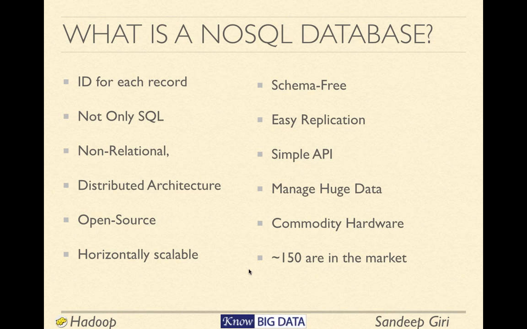When you are dealing with a larger database which spreads across multiple systems, when you have a lot of load, you have to spread the data as well as the load as well as the computation across the cluster, right? So the first requirement of any database which is supposed to handle a lot of load is that it should be able to divide the data across the whole cluster.